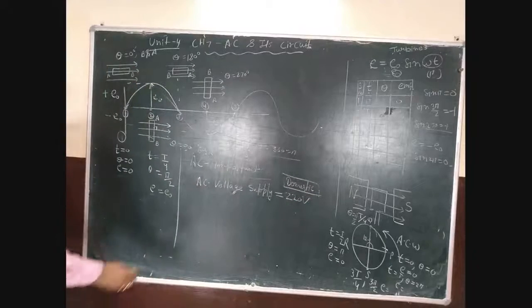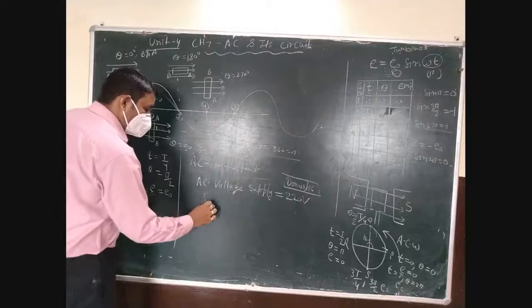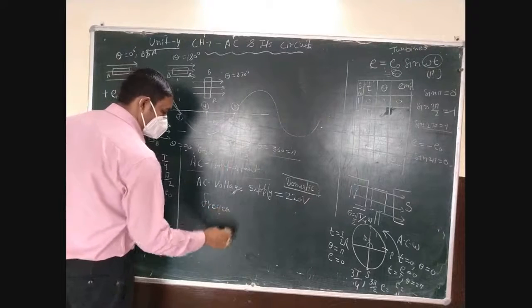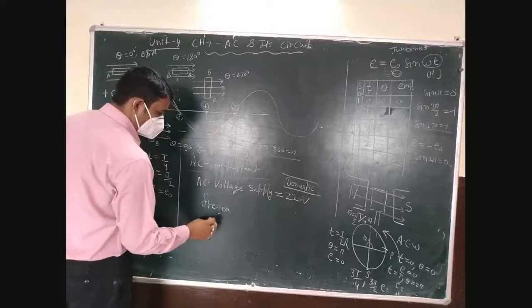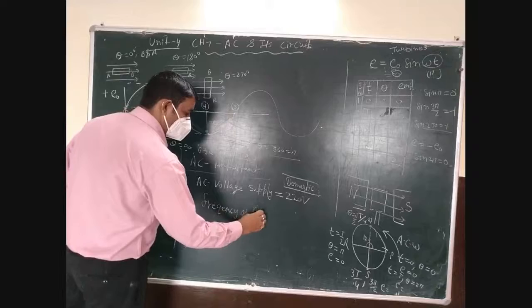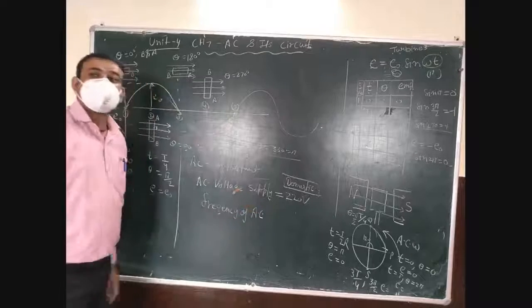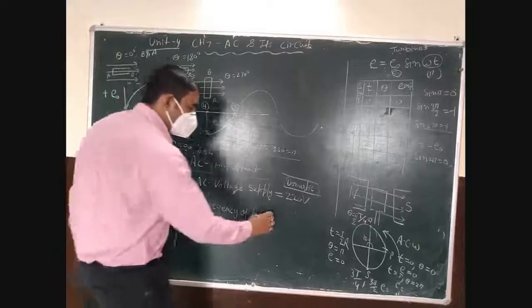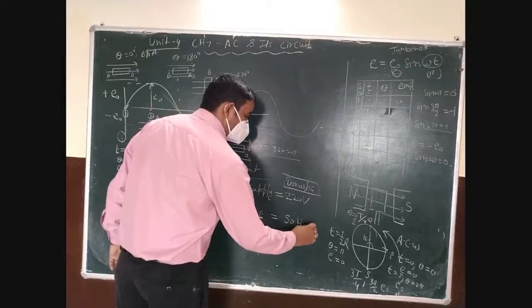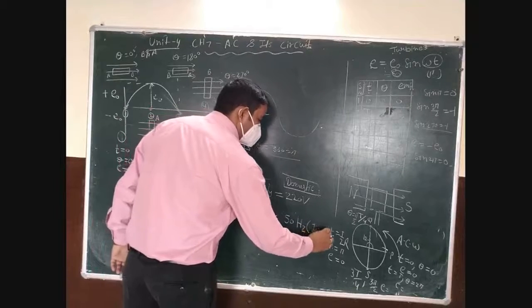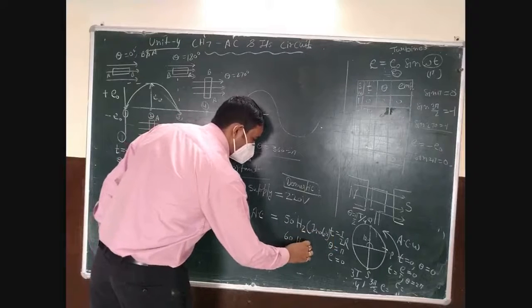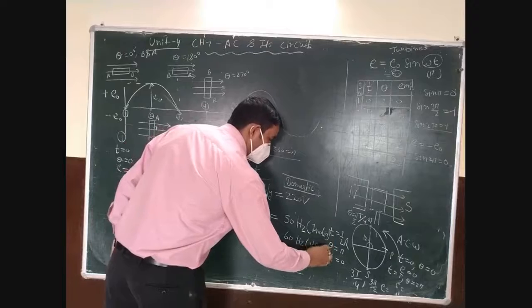Okay. Frequency of this AC, whatever it is, voltage or current, is 50 hertz for India and 60 hertz for USA.